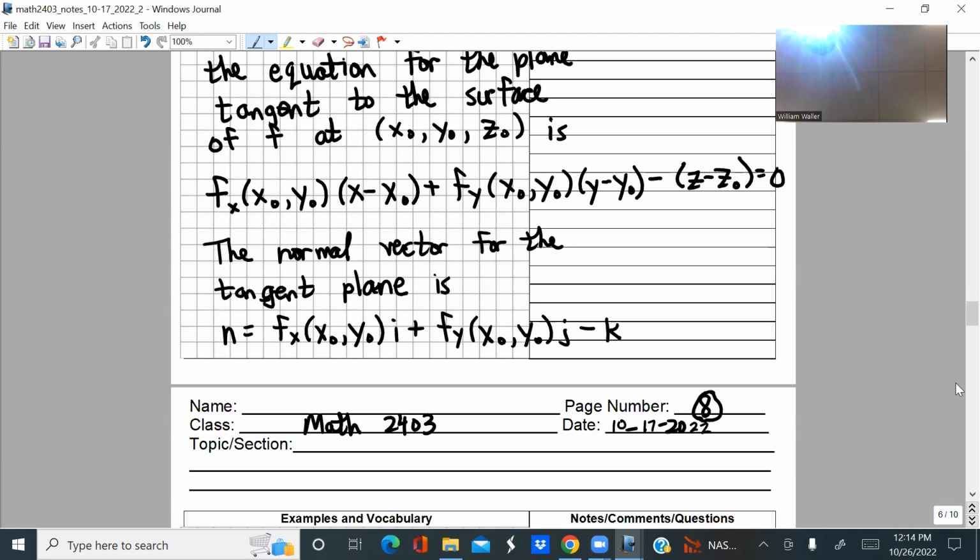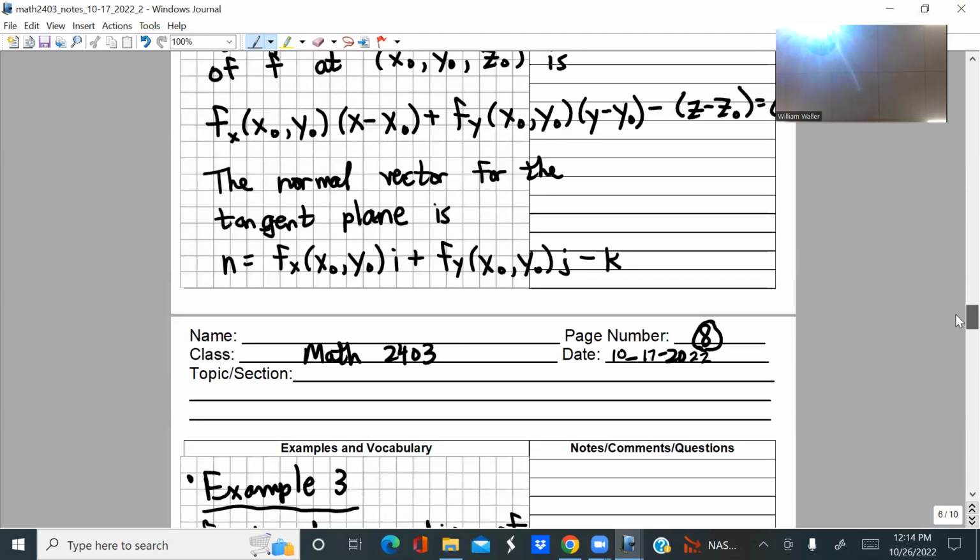Again, this is the point x0, y0, z0, the three coordinates for your point on the surface, and then the partials evaluated at that point. Just plug those values into this equation, and you get the equation for the tangent plane.